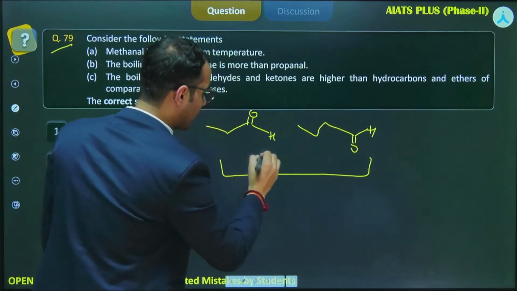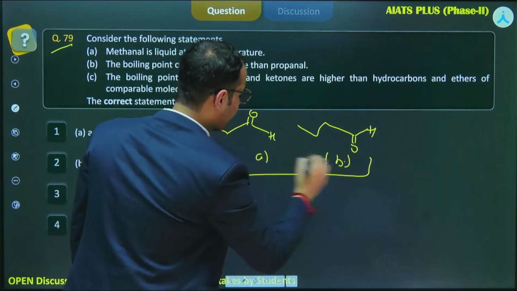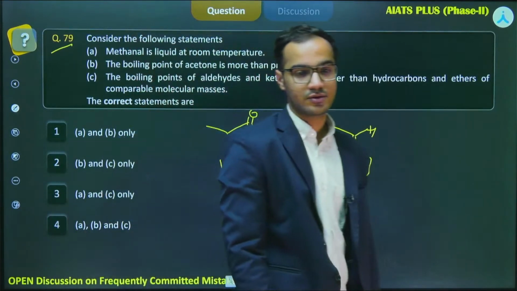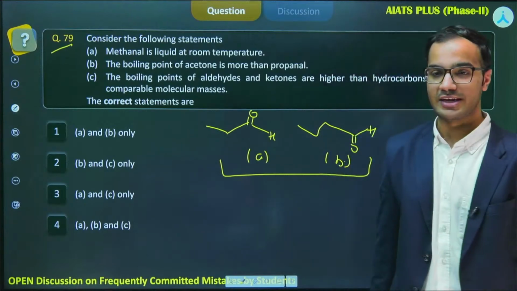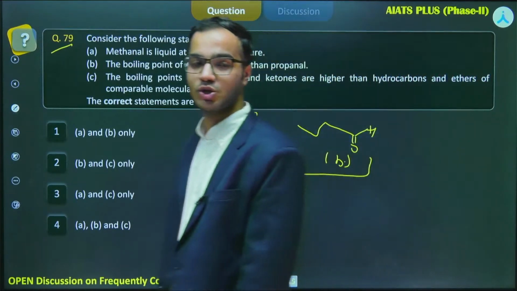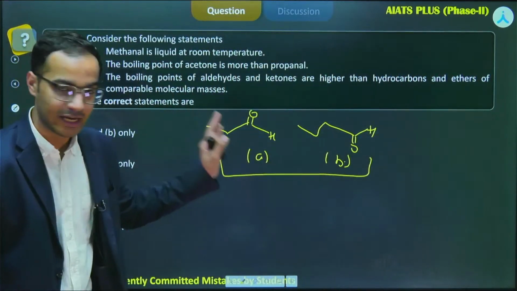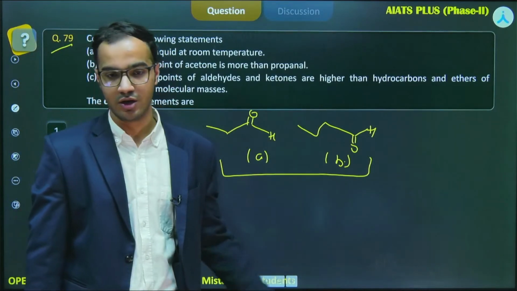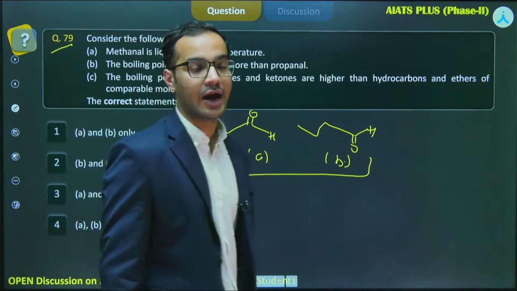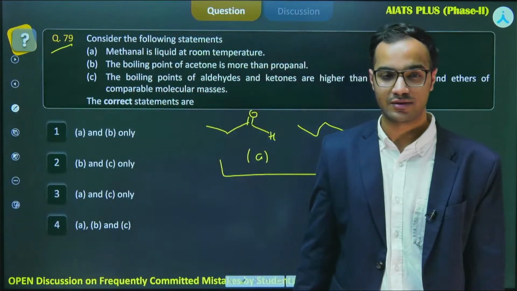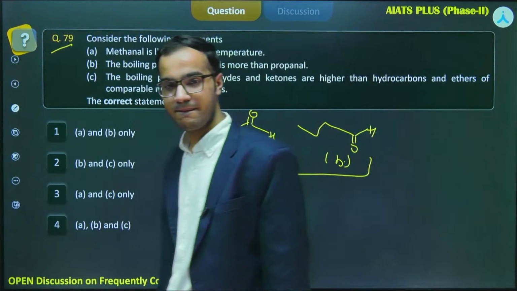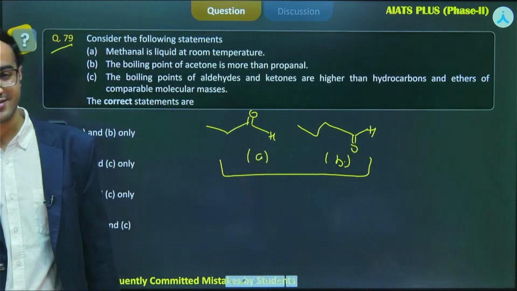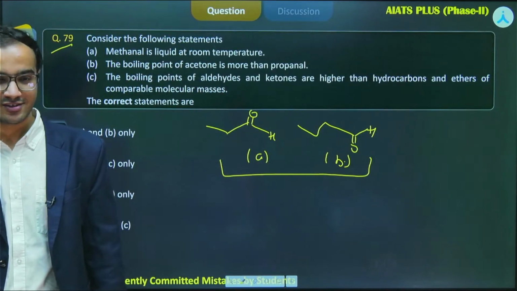Which one, A or B, has the greater boiling point? Can anyone give me the answer to this question? You have A, which is propanol, and B, which is butanol. Which one has the greater boiling point, and how can we justify it? Can anyone tell? Or shall we proceed?